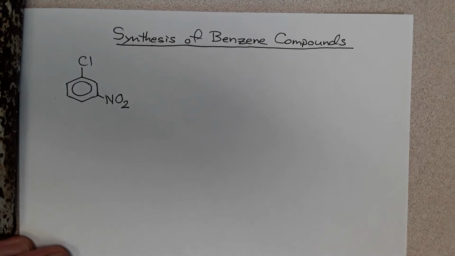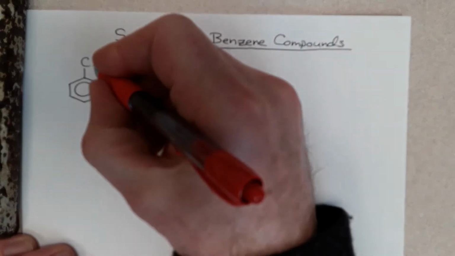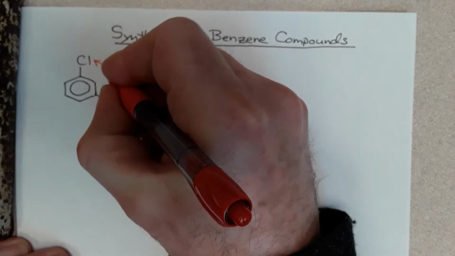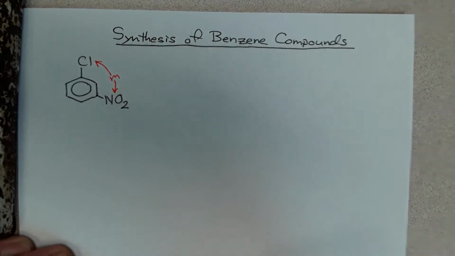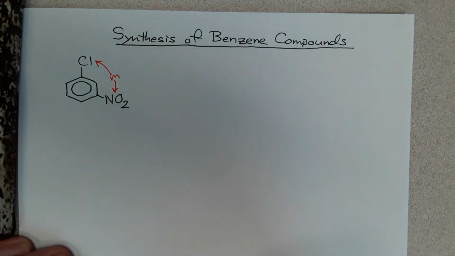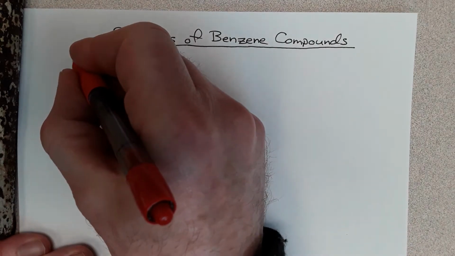What order would we add them to get the product that we're interested in? So first of all, you notice that they are in a meta relationship to each other. And so that means that the first group that you add had better be a meta director, so the second one will add in a meta position relative to the first.